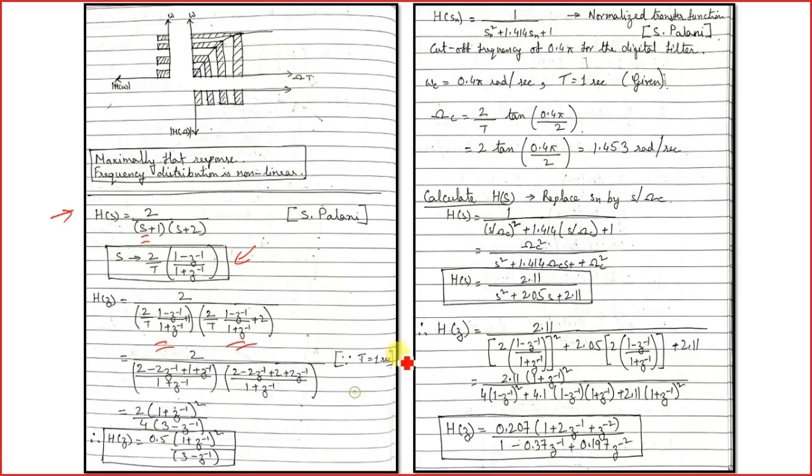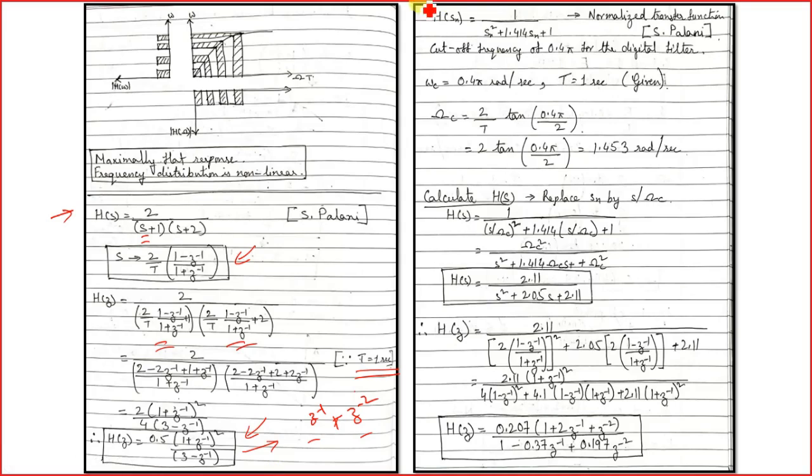Then we solve it, and like in the previous case, as I have told, if capital T is not given, then we will take capital T equals 1 second, and you get this equation. Later on you have to solve this equation. I have not solved it completely, so you have to simplify it and bring it in terms of z inverse and z to the power minus 2. Okay, you have to simplify it completely, right?